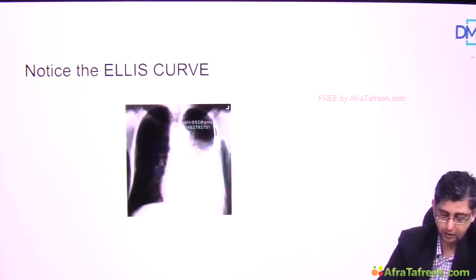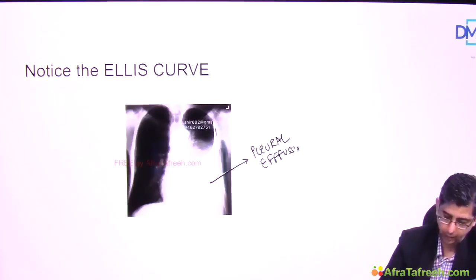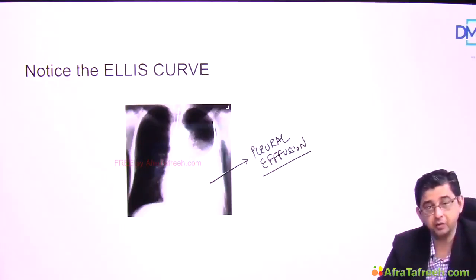This is again diagnostic of pleural effusion in the patient. You can also notice in this case slight tracheal deviation to the contralateral side. That is due to the massive pleural effusion present.